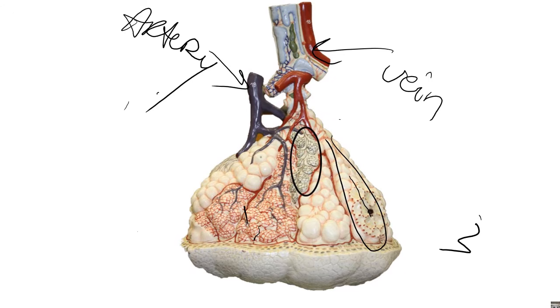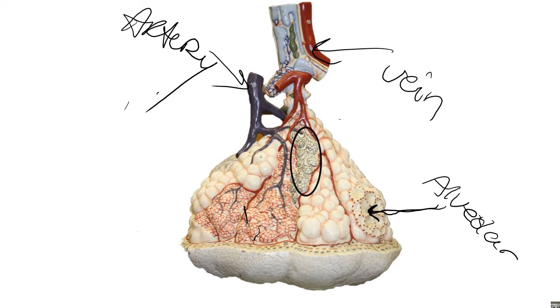So it would kind of go up the center of it like this. And that's what this dark kind of dot is showing you. So if I were pointing to this dark dot right there in the center of it, that would be an alveolar duct. It's really like the end of the line of the respiratory tract.